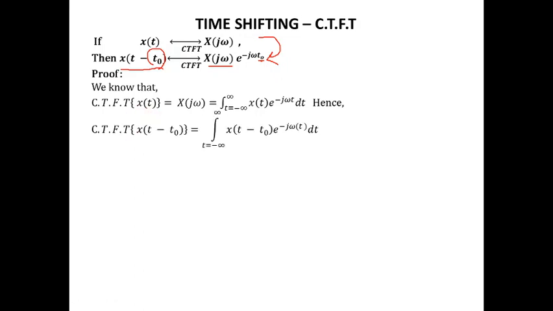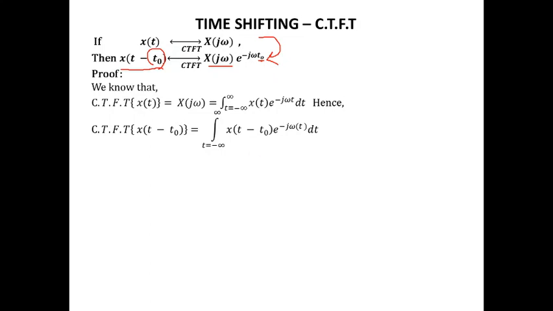So CTFT of x of t minus t naught will be equal to, in this equation, instead of x of t you have to replace it as x of t minus t naught, right? Because if x of t Fourier transform is this, then x of t minus t naught Fourier transform is just this, where the x of t signal gets replaced by x of t minus t naught.